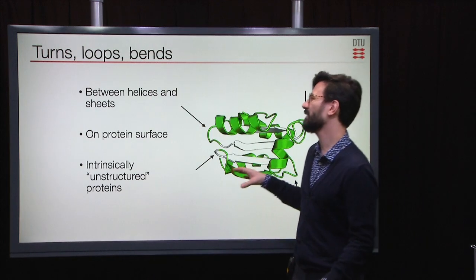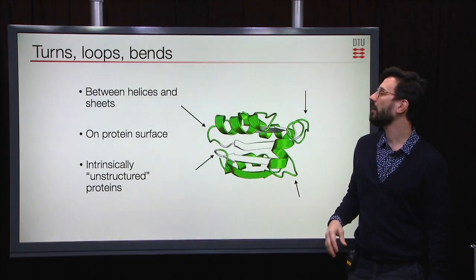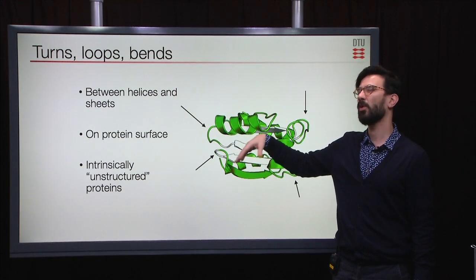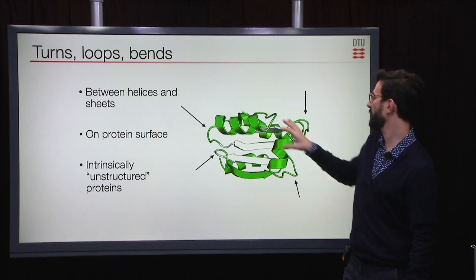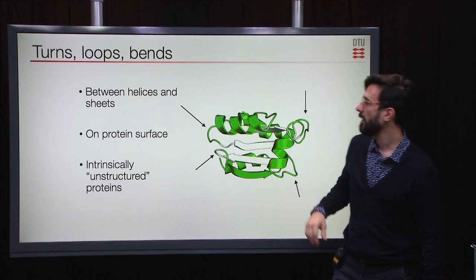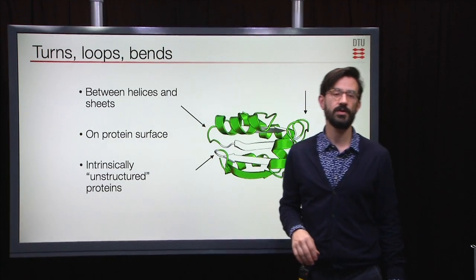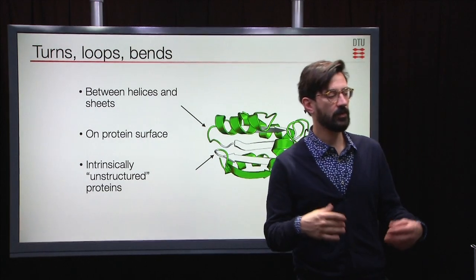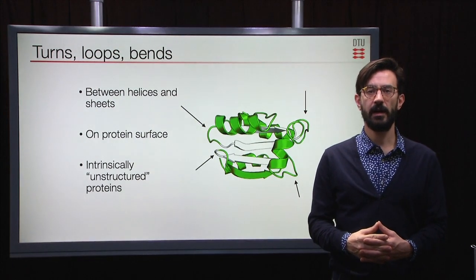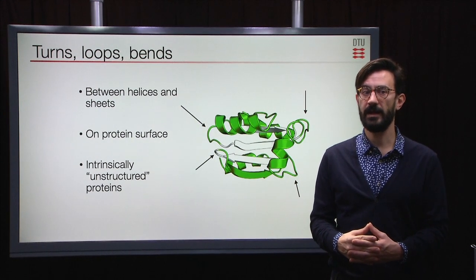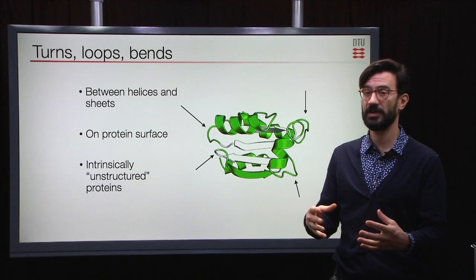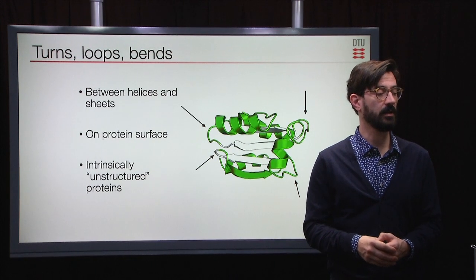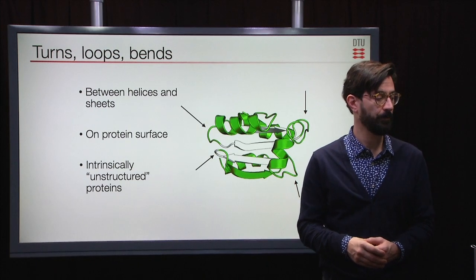The general definition is here, loop. They are usually on the protein surface, or most frequently on the protein surface. We see them here. And they are usually more unstructured because they have a less regular H bond structure than the other types of secondary structure.